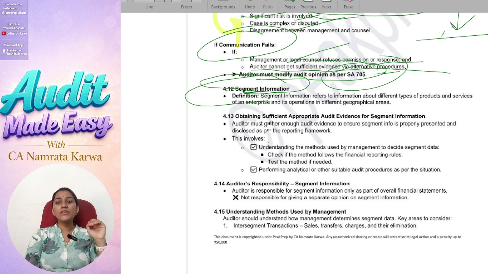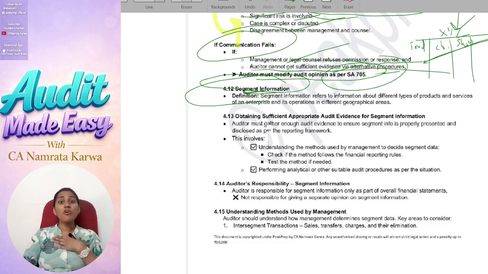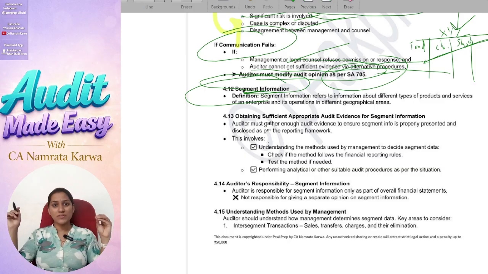There is a company XYZ, and it has three different segments. One is, let's say, food, one is cloth, one is shoes. Now, being an auditor, understand how you are going to give reasonable assurance on the financial statements of such a company working in different segments.